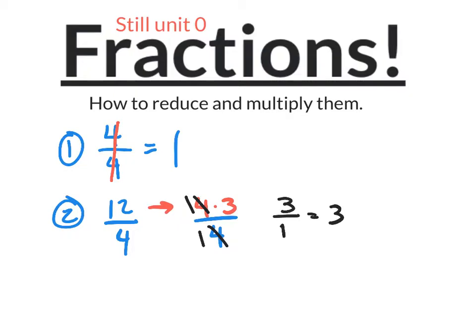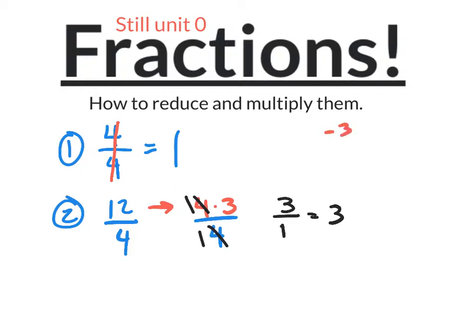I know you're thinking, why the heck do I want to do all that work? Honestly, it's pointless to do that work. If you already know that 12 divided by 4 is 3, that's your answer, and that's all there is to it. But I'm showing you this because it will help us in the future when we get to factoring, and also when we get to multiplying fractions, that we're able to cancel whatever's alike up on top and on the bottom, right? It doesn't matter what it is.